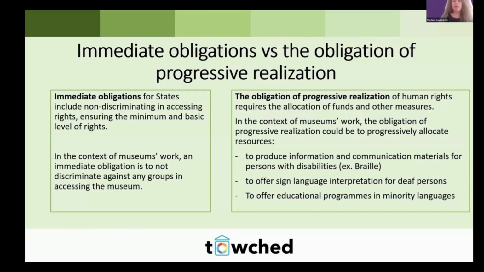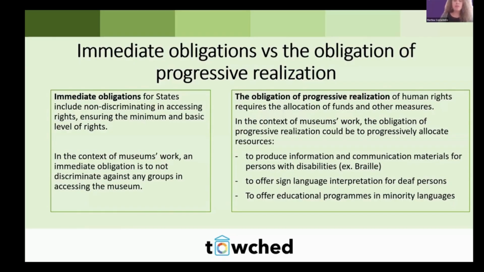And then instead we have the obligation of progressive realization of human rights. This is, of course, a little bit more difficult, just in the sense that often it doesn't come for free, but it needs for the state to allocate some funds, to have some technical expertise, and to implement and adopt specific measures.